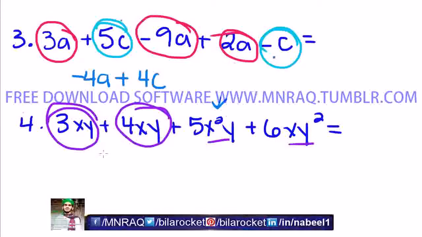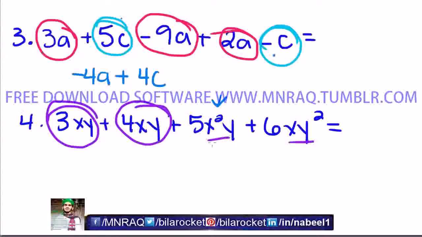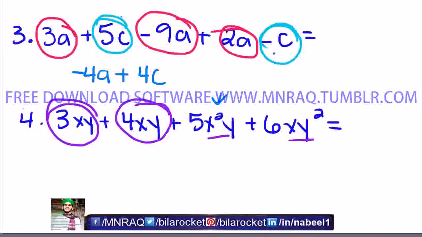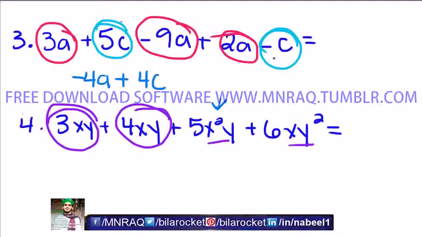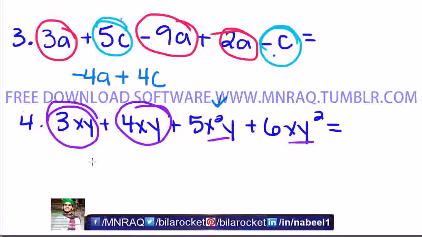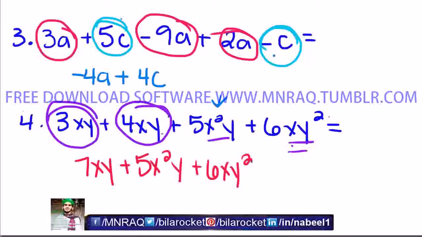Well, this one is not similar to the other three because this one has x squared y, this one's just xy, xy, xy squared, and this one is not similar for the exact same reason. So we're going to add these two together. We're going to get 7xy, and then we just have to recopy this second part because we don't have any terms similar to those.